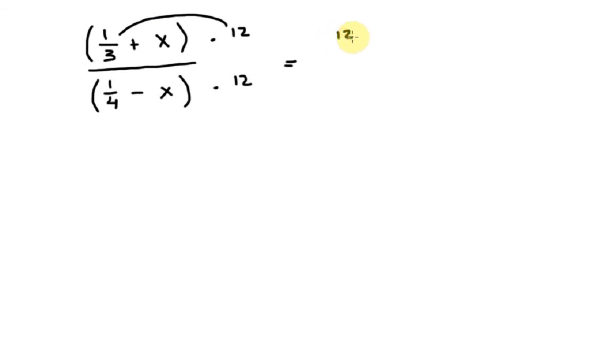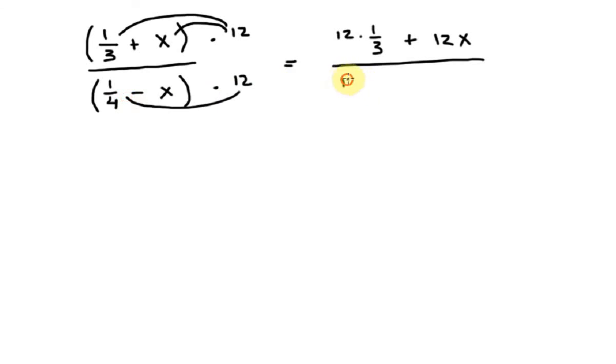Actually, let's write the whole thing out so you can totally see what's happening. So we have 12 times 1/3, and then we have 12 times x, and that's positive. So that one's pretty easy. That's just 12x. And then on the bottom, I have 12 times 1/4, and then 12 times negative x.